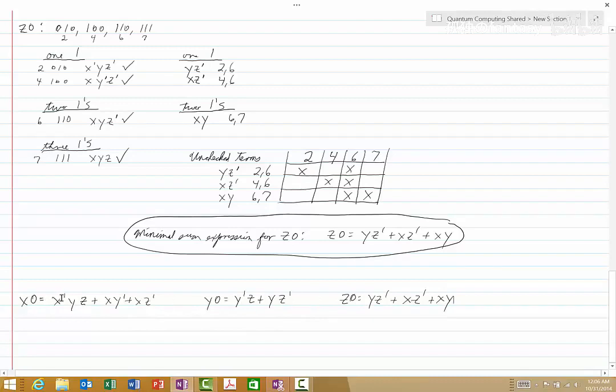But if we construct X0 and Z0 first, and then construct Y0 in the last step, since we have that Y0 is equal to Y exclusive OR Z, we could have a controlled NOT gate to get Y0 from the Y and Z lines.